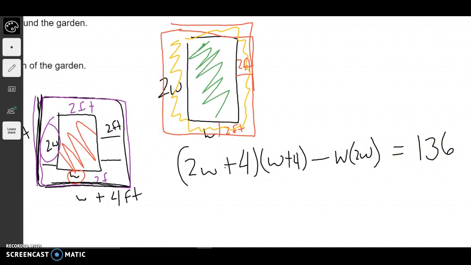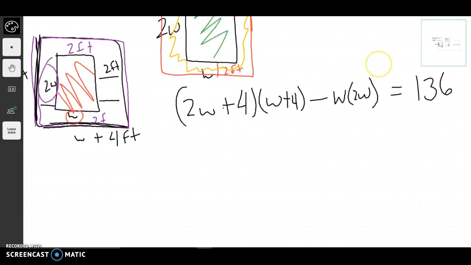And again, it just becomes the problem like before. So we just have to multiply two polynomials together and then solve.